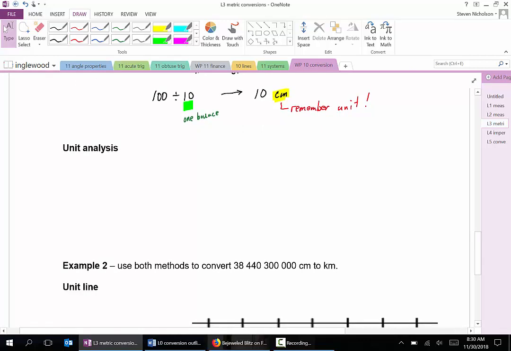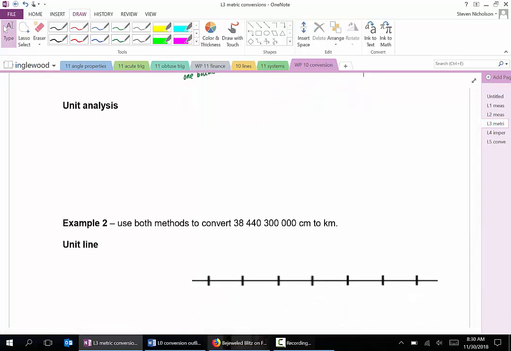And here's what I mean about the start and the finish. So when we do our unit analysis, it's all about multiplication. Everything's multiplication. It's all about canceling units. The only way to cancel a unit is if you have the unit on top and the unit on the bottom. So where we're going to start in this example is we're going to start with millimeters.